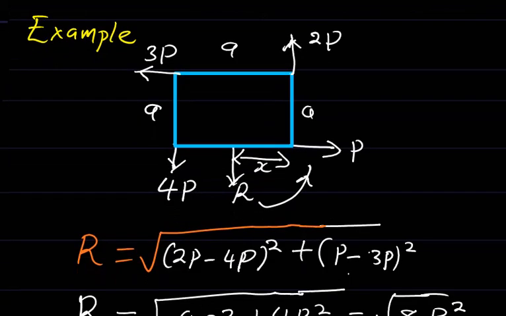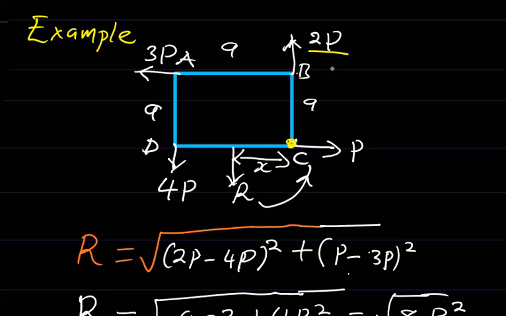Now as you can see, I'm going to take the moment of all these forces times the perpendicular distance about C. Now 2P is not perpendicular. Let me label it: this is A, B, C, D. The distance of 2P from the point C is A, but 2P is not perpendicular to that point.